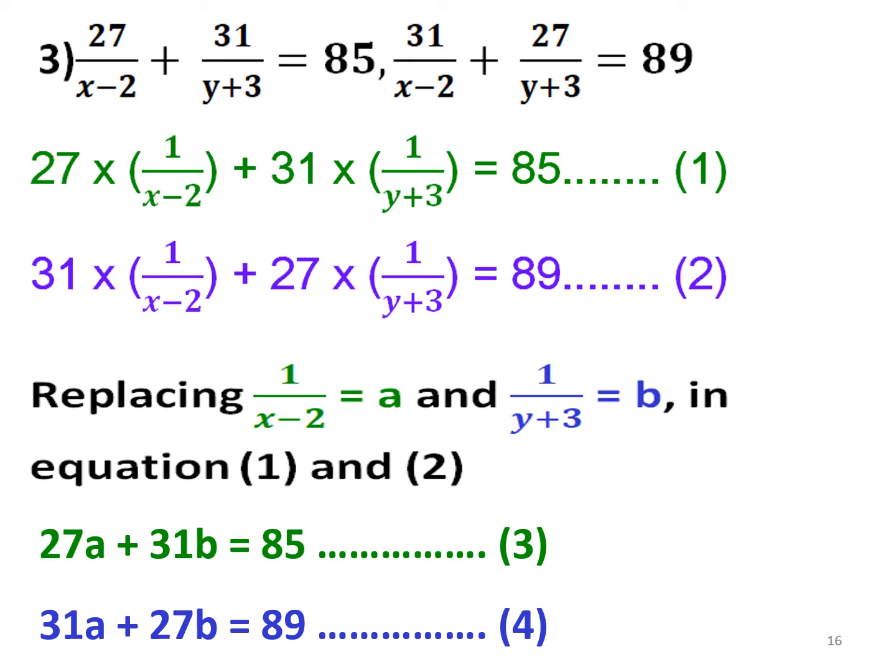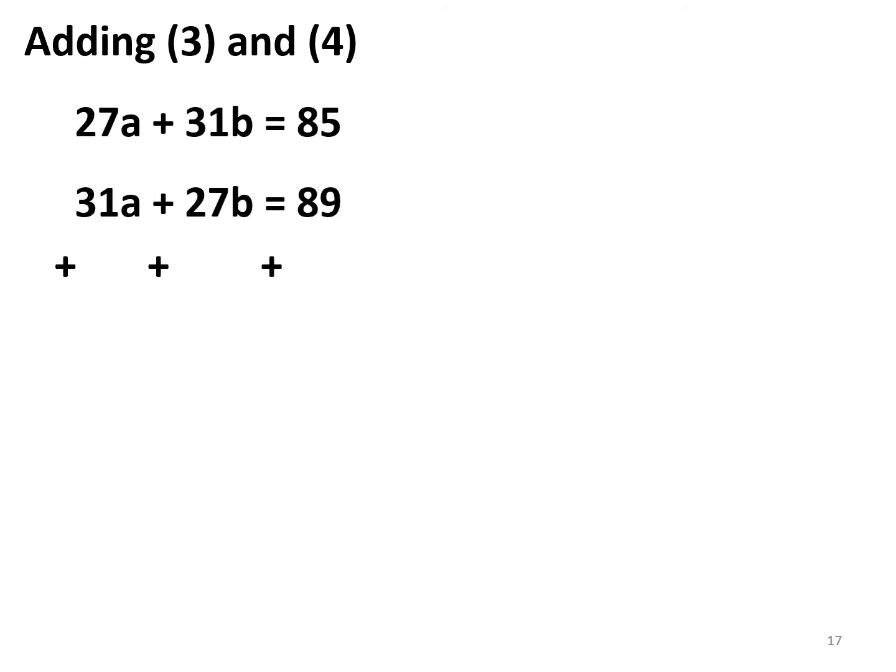If you observe, the coefficients of a and b are interchanged in both the equations. So we shall first add both the equations and then subtract the equations. Adding equation 3 and 4: 27a plus 31b is equal to 85, 31a plus 27b is equal to 89.